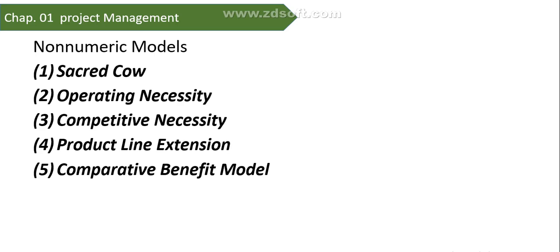Operating necessity: a project to build protection, for example a flood wall, does not require much formal evaluation; the project is required in order to keep the system operating. Simple.